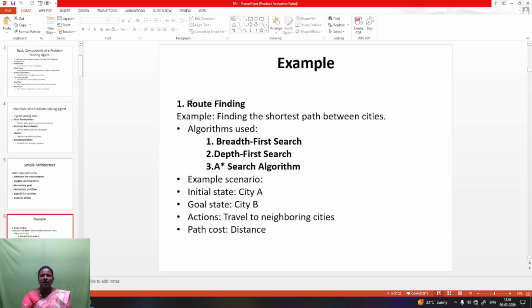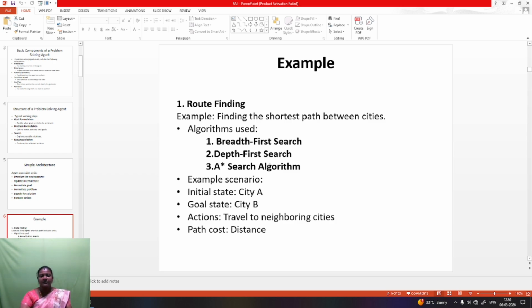For example, route finding. Finding the shortest path between cities. Here, the following algorithms are used to find the shortest path: breadth first search, depth first search and A-star search algorithm.